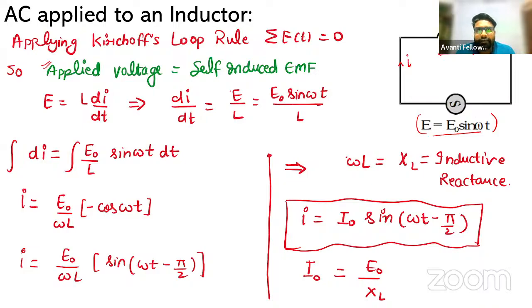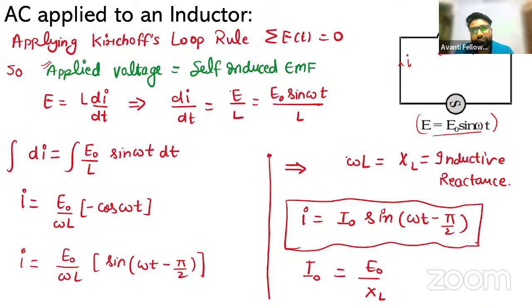This is an inductor. And in the latest chapter that we covered recently, electromagnetic induction, we have seen that in an inductor there is an induced EMF, self-induced EMF, because of the flow of current. As current flows through these circular turns, there is also a magnetic field crossing those turns. And since it is an alternating current, the magnitude of the current is changing.